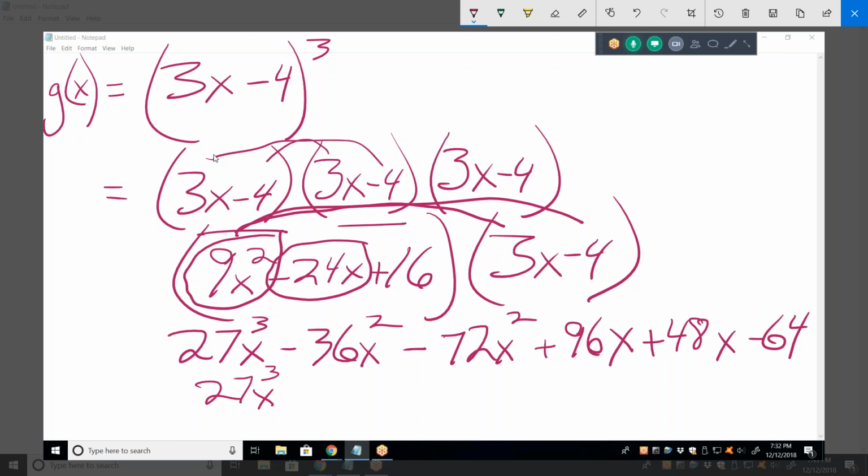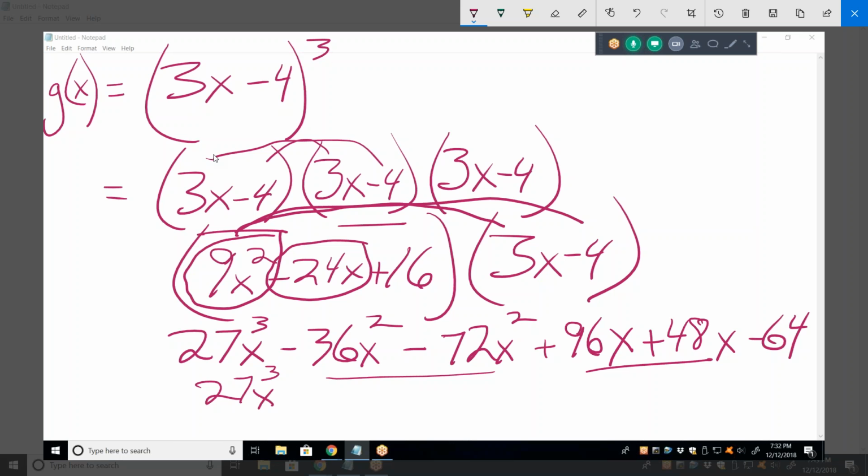In other words, there's only going to be one x cubed term and there's only going to be one number. But everything in the middle has got to be combined, not into one term, but you can combine those two and you can combine those two. You don't need to look for other x cubes, is what I'm trying to say. Okay.